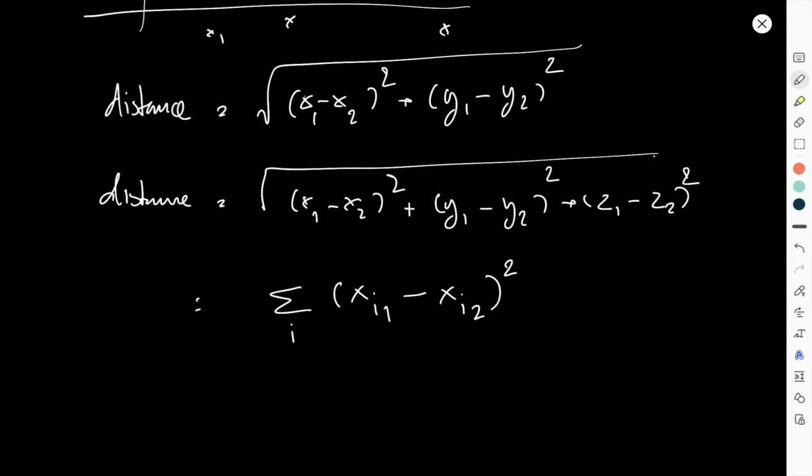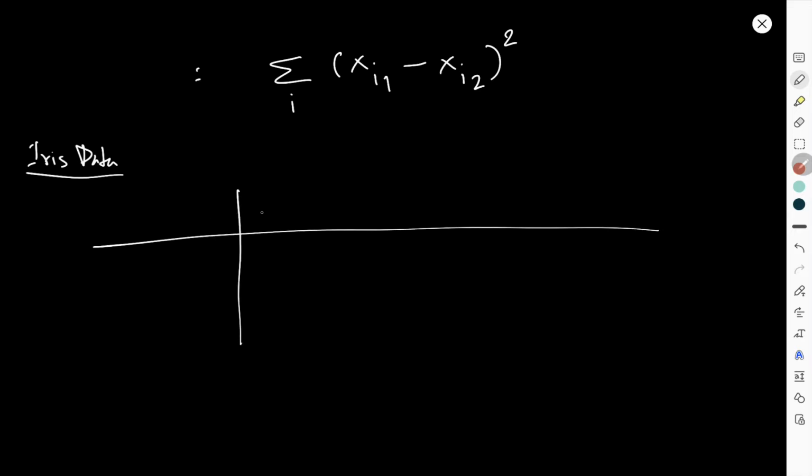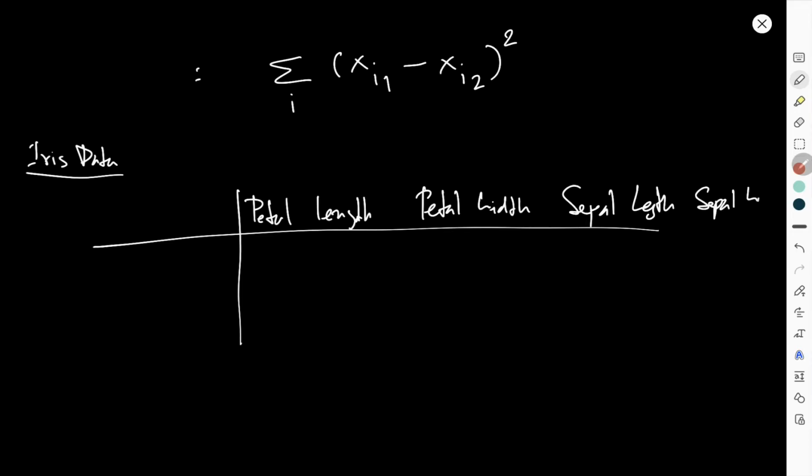So for example, if you have the iris data with 4 dimensions, you have petal length, petal width, sepal length, and sepal width for each data point.